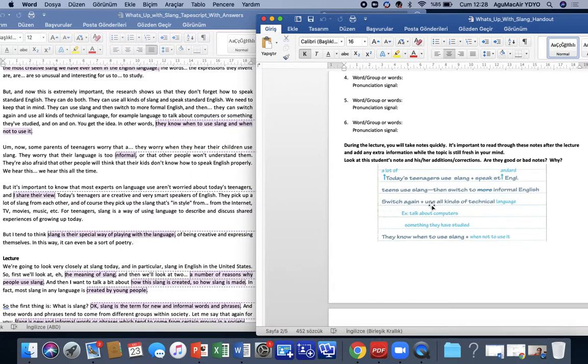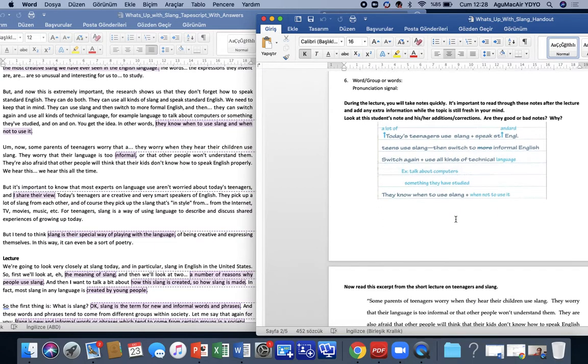And after writing this and after listening to the audio, this person wrote more words here before he or she forgot, right? So this one, for example, talks about computers, something they have studied. He remembers these because the topic is still fresh in his or her mind, and some extra information before he forgets, he wrote this, okay? And I like these notes.